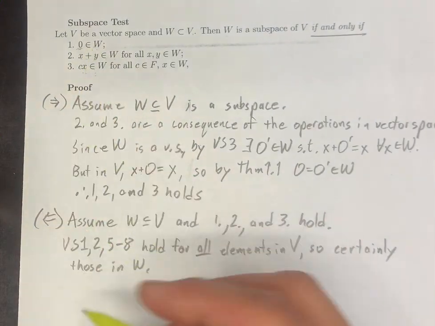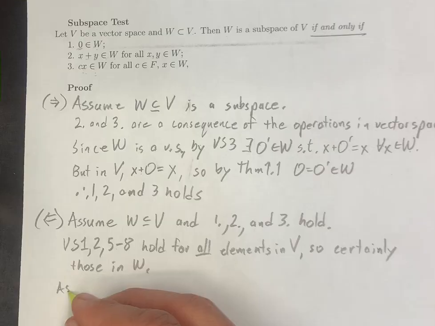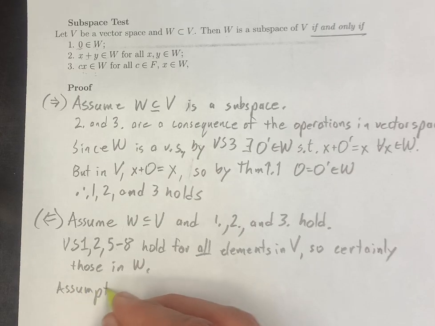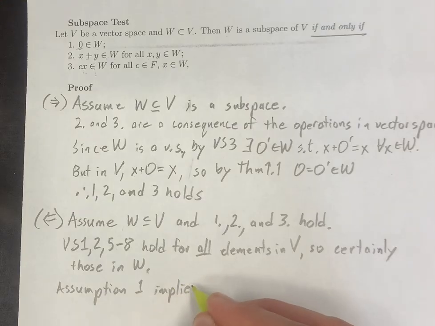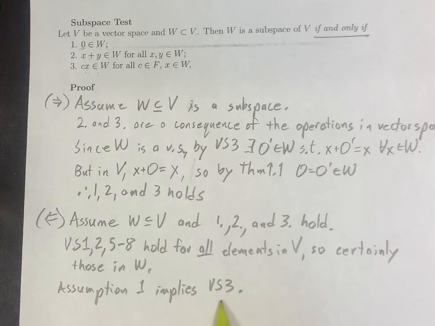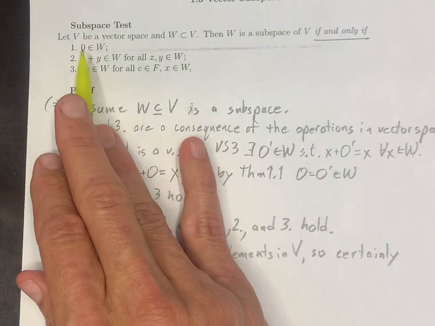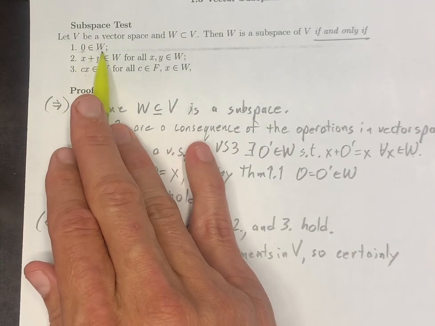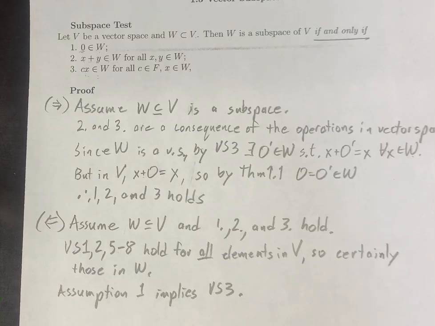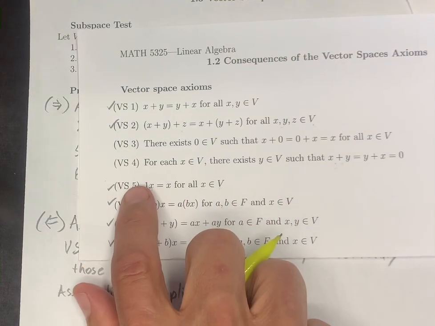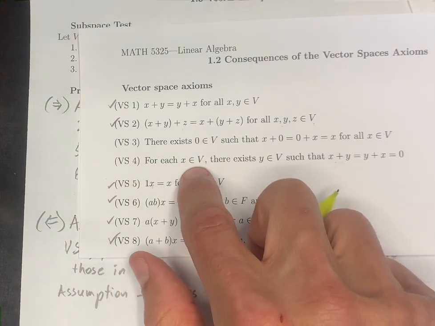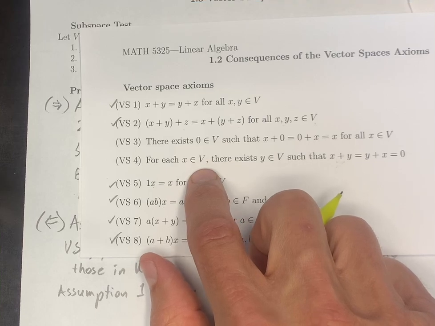Notice assumption 1 implies VS3. VS3 was the one about having an identity, and we just said the identity in V is in W, so we get that one for free. Okay, so we're down to VS4. That's the inverses. Remember, we have to pick an element in the place we want to show is a vector space.